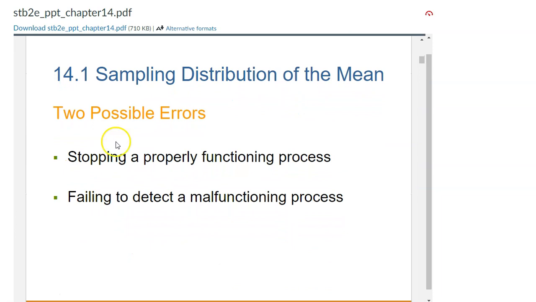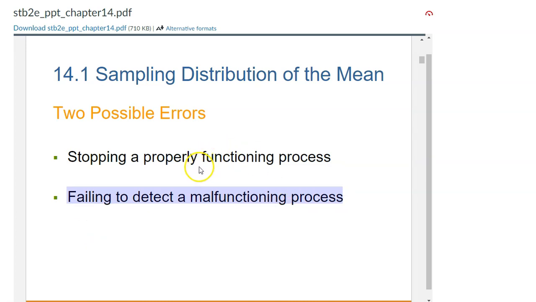so there are two possible errors in decision making, and one is stopping a properly functioning process, and also failing to detect a malfunction of the process.